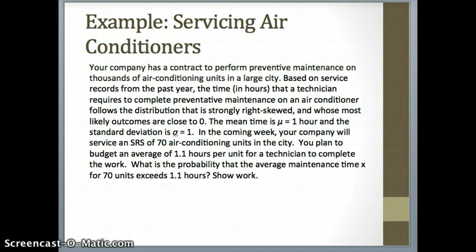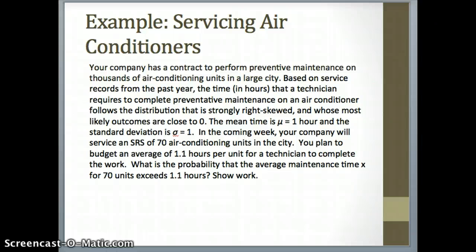Quick example and then we're done. Your company has a contract to perform preventative maintenance on thousands of air conditioning units in a large city. Based on service records from the past year, the time in hours that a technician requires to complete preventative maintenance on an air conditioner follows a distribution that is strongly right skewed and whose most likely outcomes are close to zero.